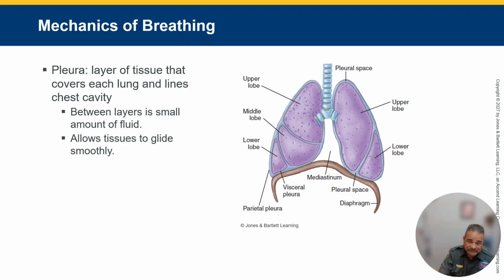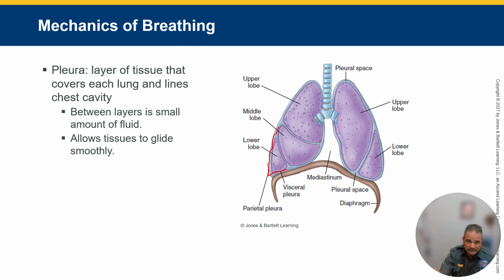Mechanics of breathing. The lungs follow the motion of the chest wall, expanding and contracting with it. The pleura: you have visceral pleura that covers the lungs. You can see here, this is all visceral pleura. It's a sac that goes around the lungs.